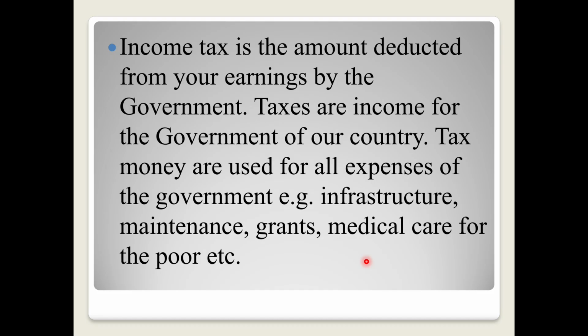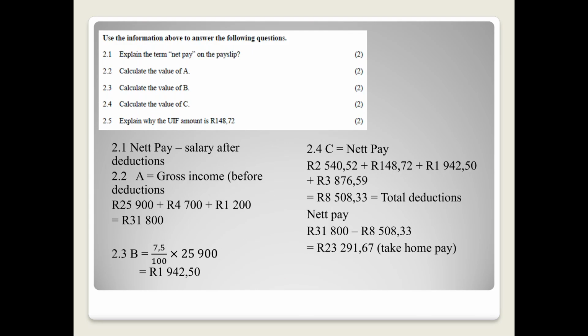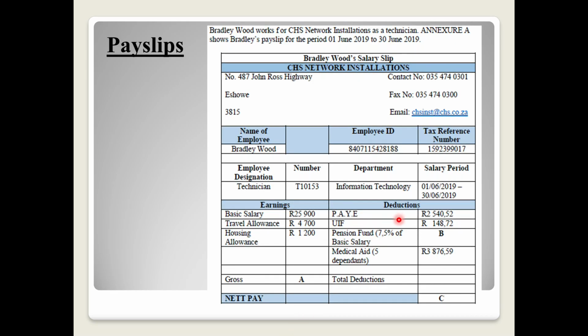And some of the expenses that they use our tax money for are infrastructure, maintenance, grants that people receive and they pay out, and medical care for the poor. So remember, if I want to go back to the payslip here, this Mr. Bradley Wood, there's a deduction of medical aid on his payslip.